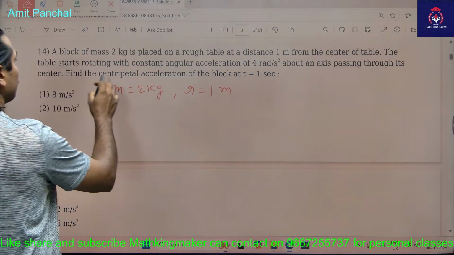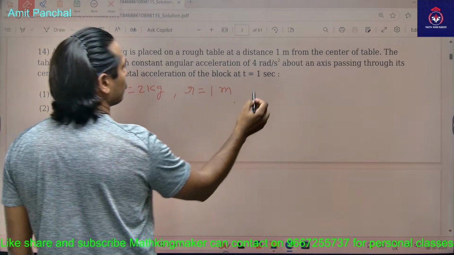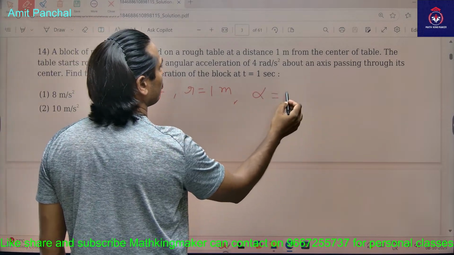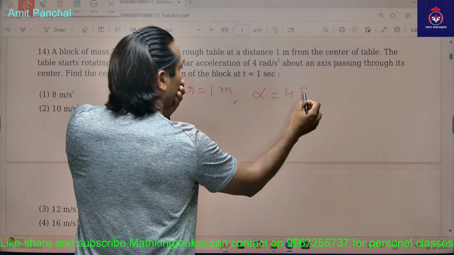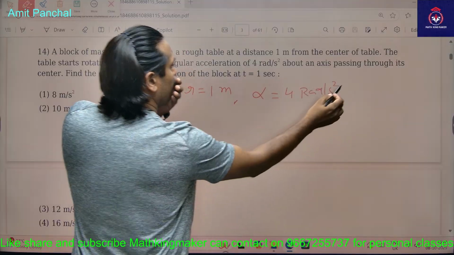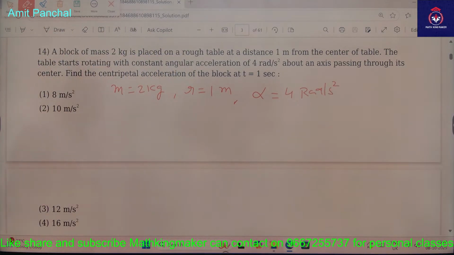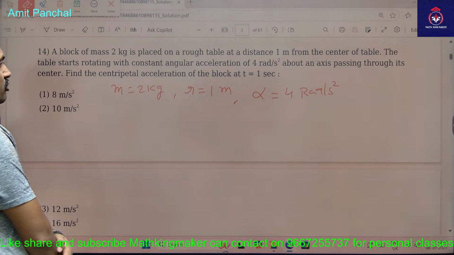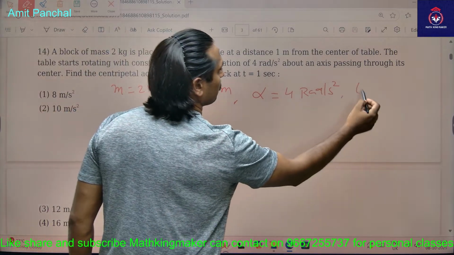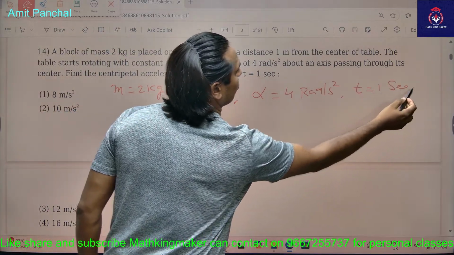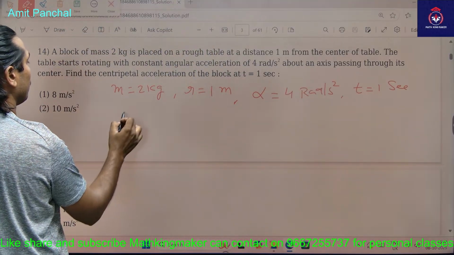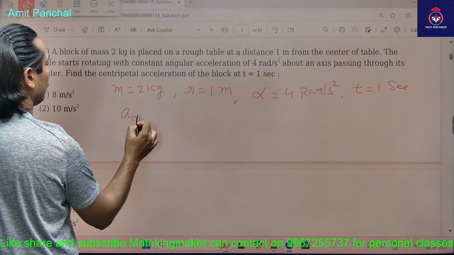The table starts rotating with constant angular acceleration alpha about an axis passing through its center. Find the centripetal acceleration of the block. T is given as 1 second. You need to find centripetal acceleration, that means AC.